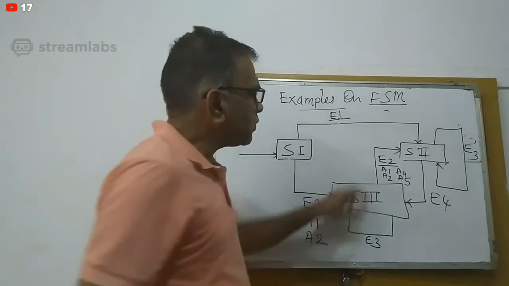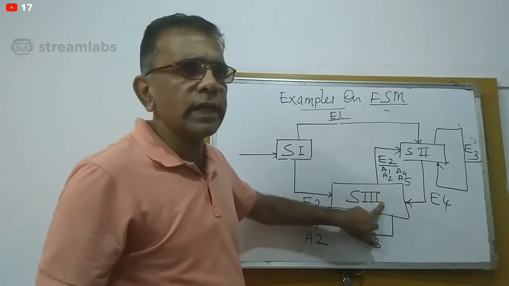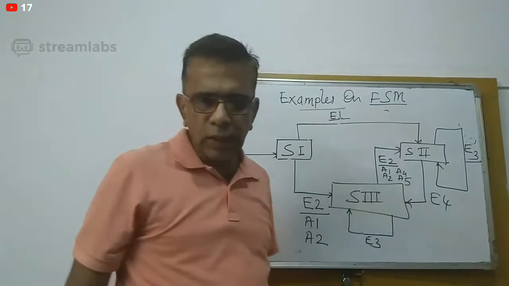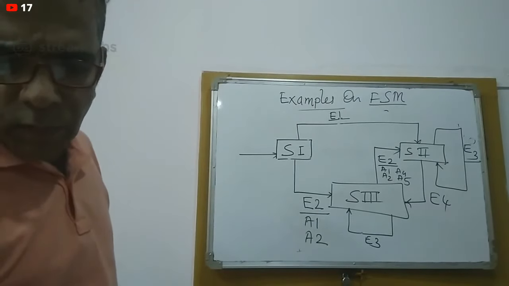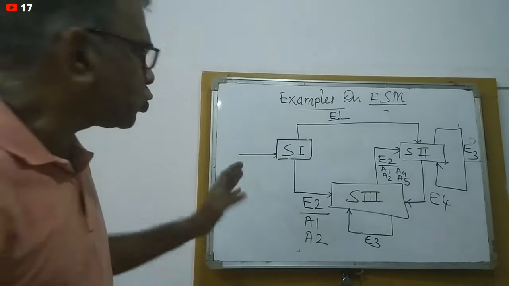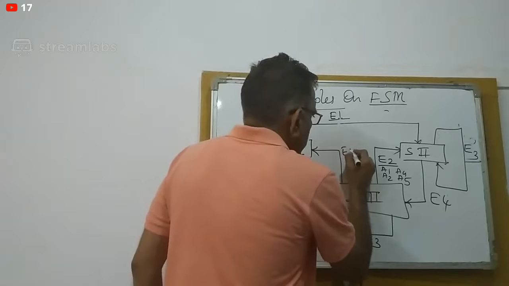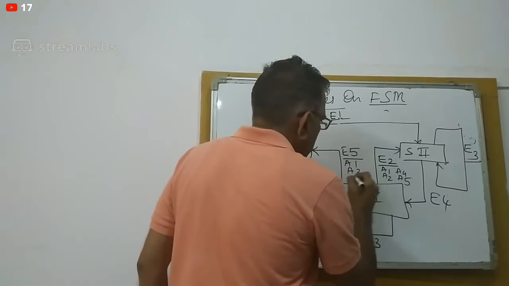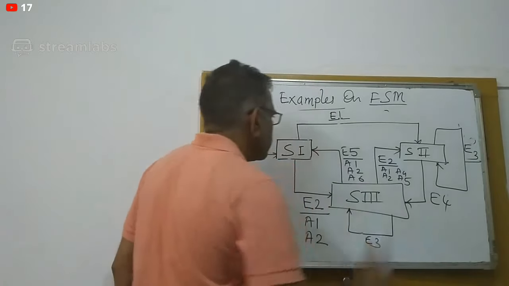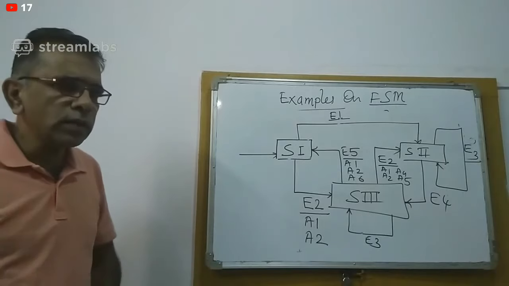These are the 4 actions performed when event 2 occurs in state 3. And if event 5 occurs, the machine performs actions 1, 2 and 6 and moves to state 1. So this is an FSM example.